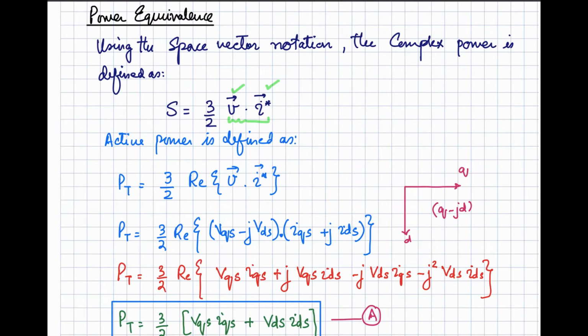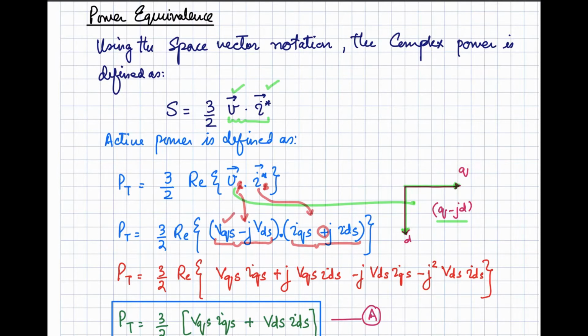Now if we look at this set of axes that we will be using for the analysis of the machine, the q axis is leading the d axis by an angle of 90 degrees, and the vector will be represented by q minus jd. If we consider it as the stator voltage, we can write it as vqs minus jvds, that is the stator voltage vector, and then the stator current vector, iqs plus jids.